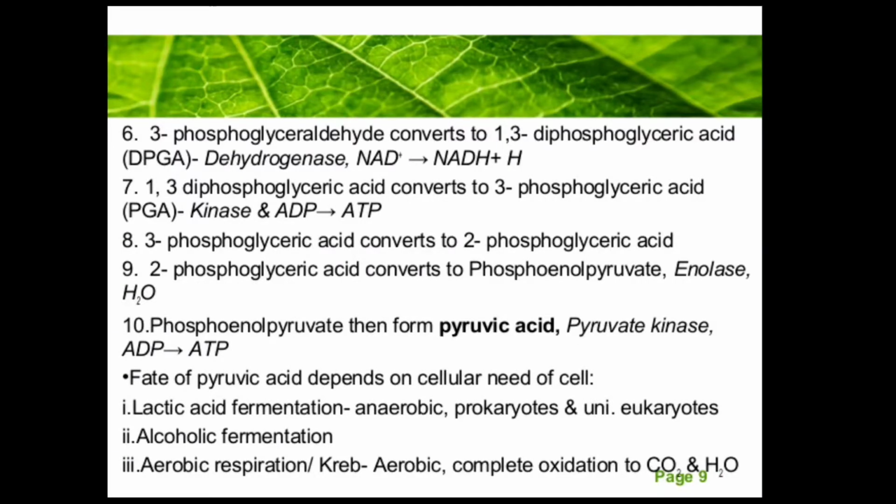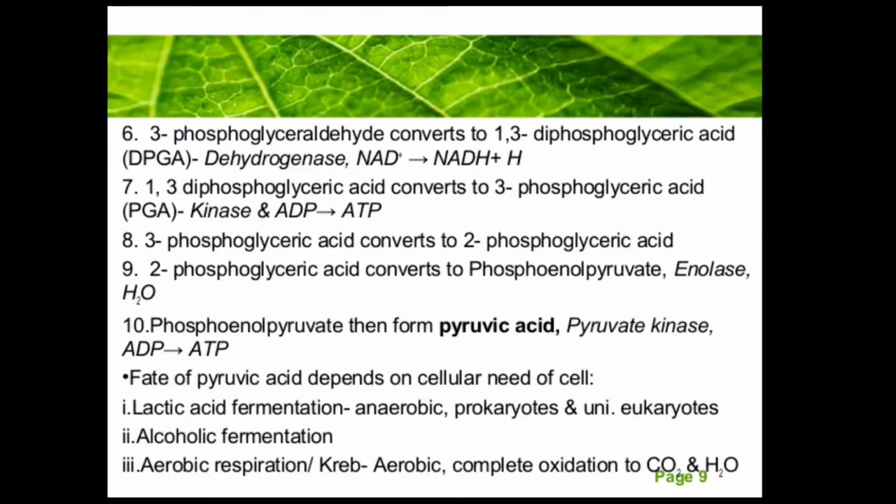Thus, at the end of the process, 2 molecules of pyruvic acid are formed from 1 molecule of glucose. 2 molecules of ATP are consumed and 4 molecules of ATP are formed. So there is a net gain of 2 ATP molecules. 2 molecules of NADH2 are also formed.